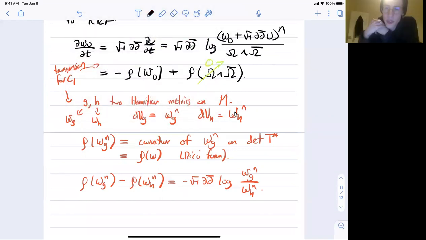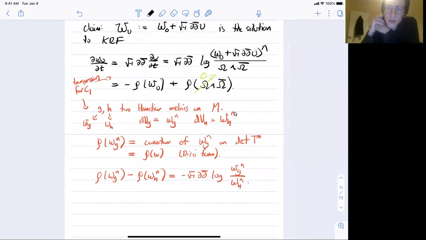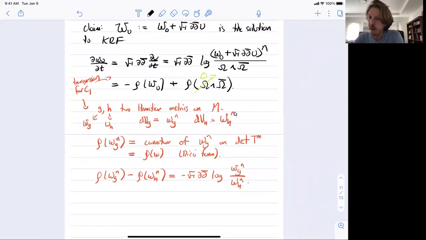Why is it called transgression? I've never completely known. I always know it by this name. I don't know. It's this geometric realization of the topological fact that the two curvature forms represent the same cohomology class, sort of.